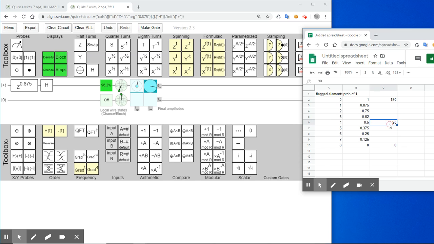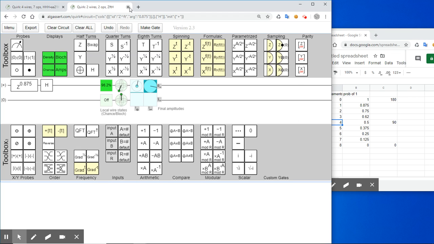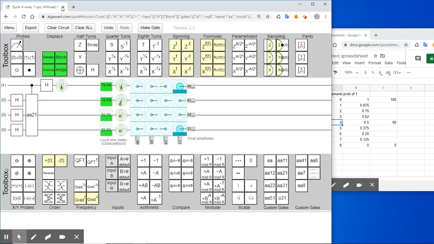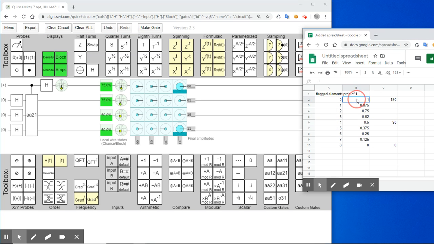So this tells me that the phase is not directly proportional to the number. But that was damn lucky. So this is not directly proportional, but this is proportional.